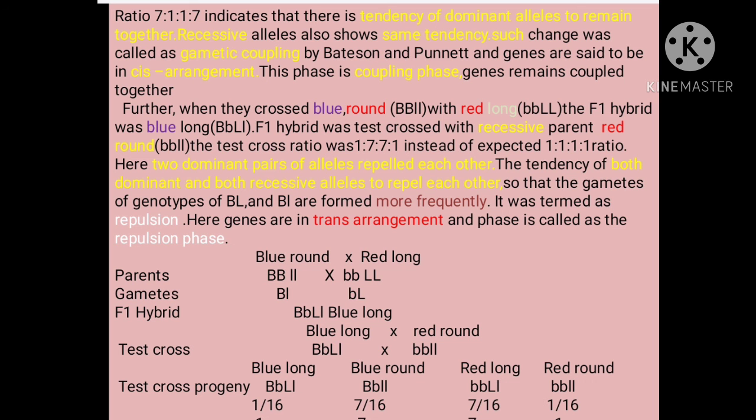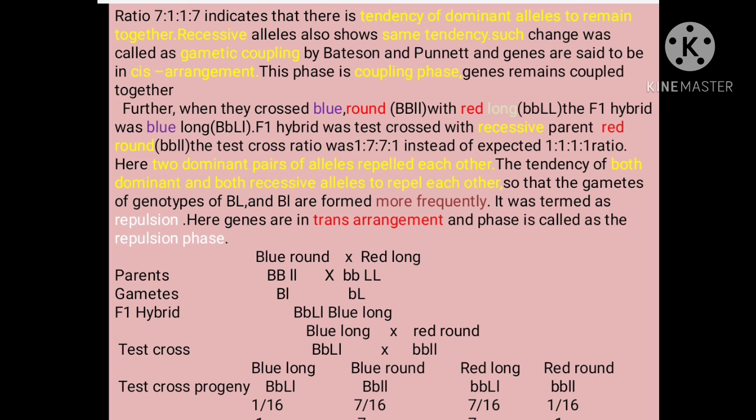Looking at the cross, particularly the parental plants, which are the blue round and red long, their gametes are capital B, small l, crossed with small b, capital L. The F1 produced is capital B, small b, capital L, small l, that means the blue long.